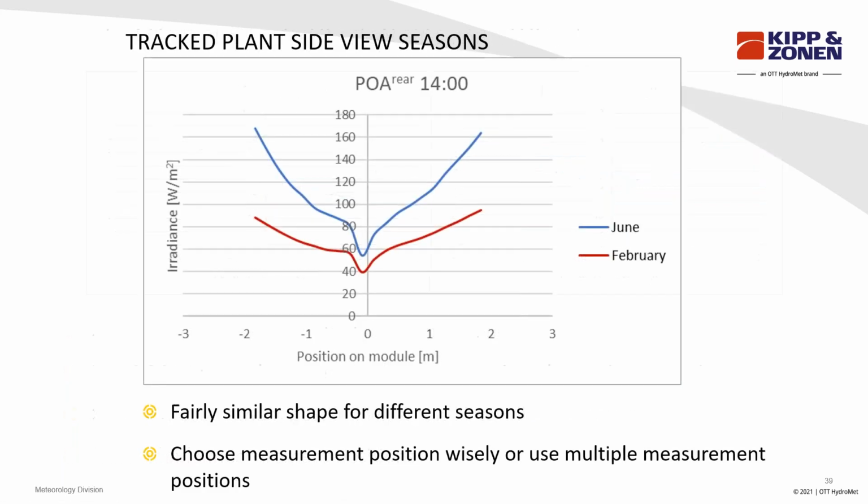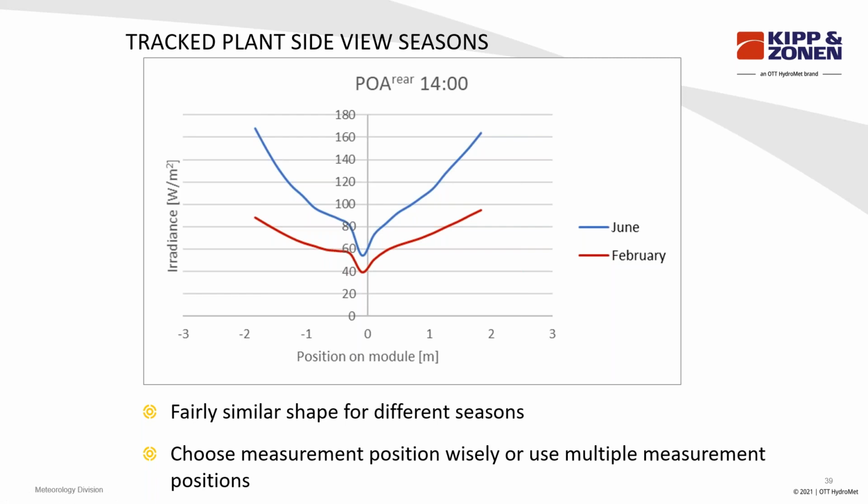If you look at different seasons of the year, and here we have plotted June and February, we see, of course, that in June there is more irradiance than in February, as we would expect. And we see that around solar noon, when the trackers are more or less horizontal, the distribution is symmetrical.